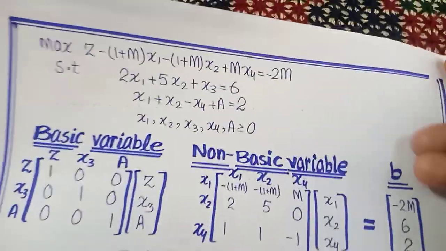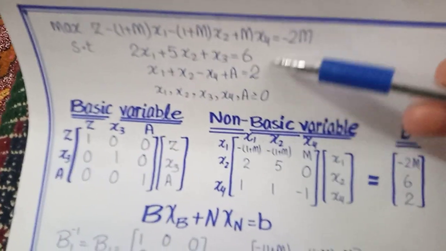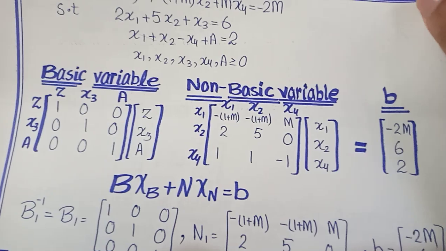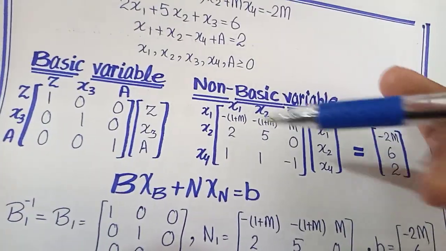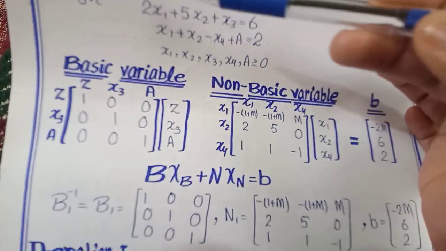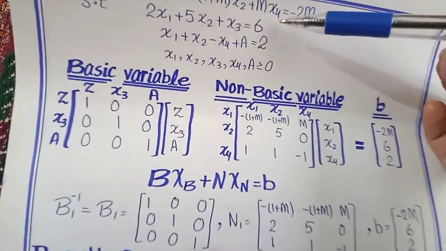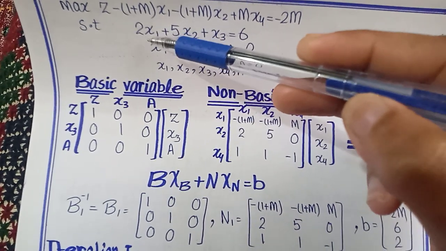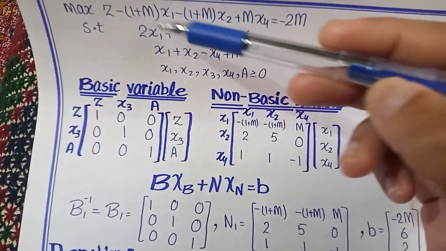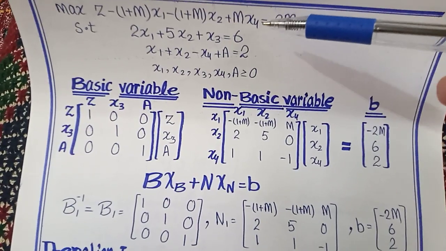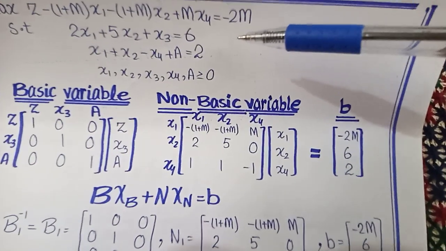To solve this problem, this objective function and these constraints are here. Basic variables are z, x3 and a. The z is 1 and other is 0. Then x3 is 1, and a is not present in the objective function.